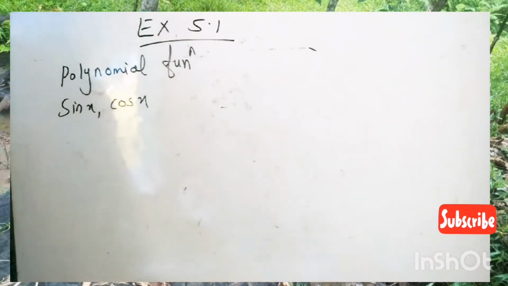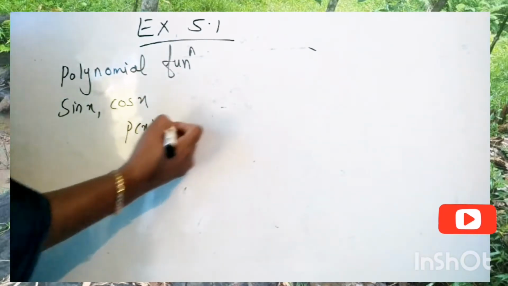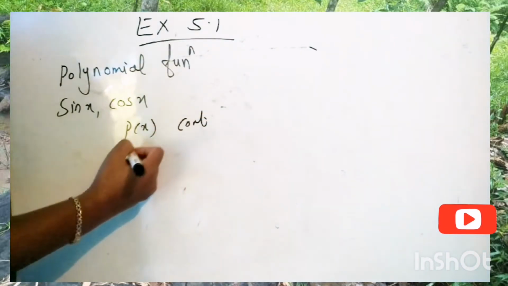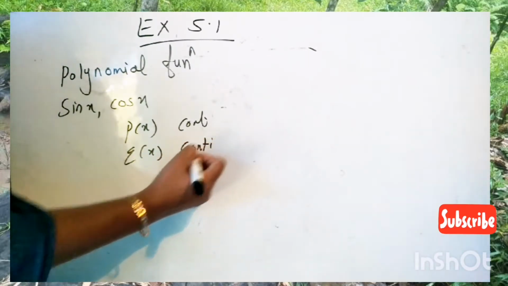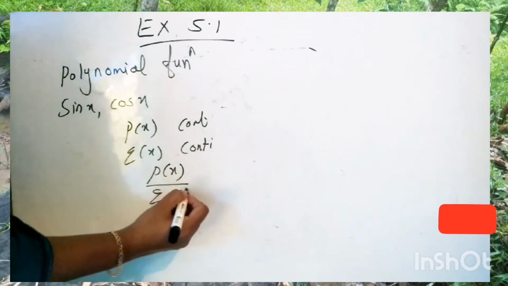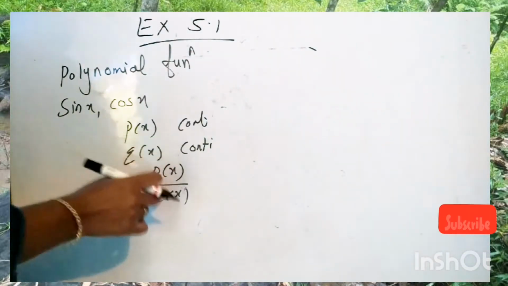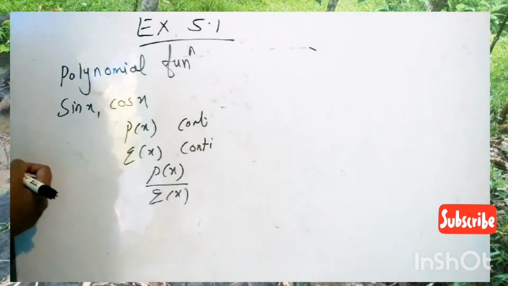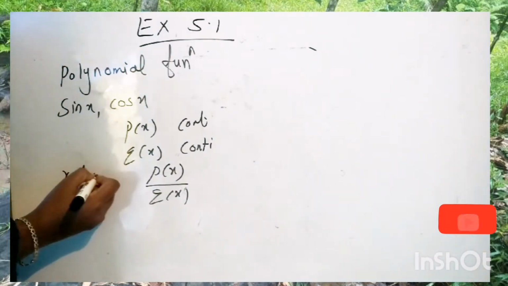Okay, and if p of x is continuous and q of x is also continuous, then p of x divided by q of x is also continuous. And this p of x divided by q of x is called a rational function.